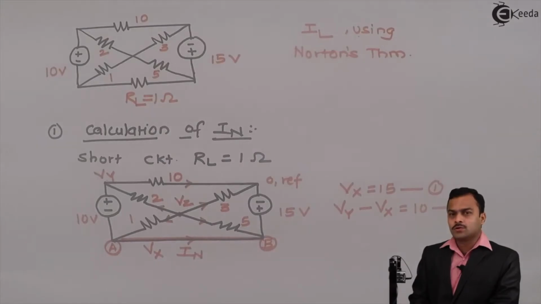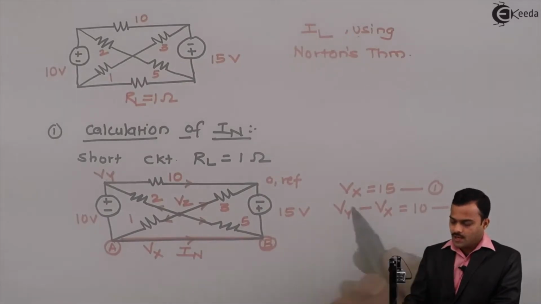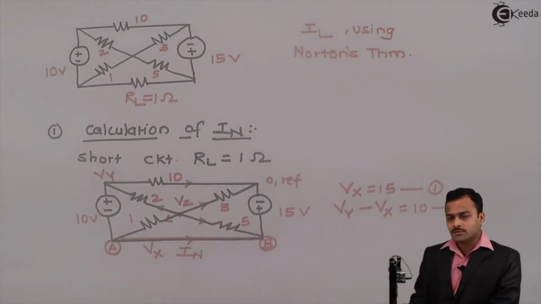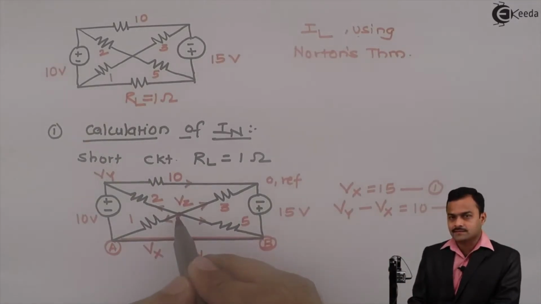So equation number 2 is also we got directly. So now 3 unknowns, 3 equations we should have. Out of that, 2 equations we already got. Now only concept left is applying KCL to Z node.